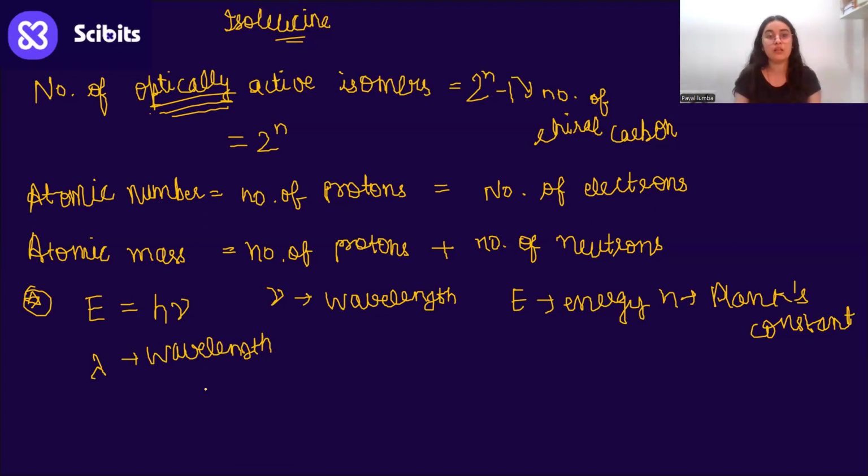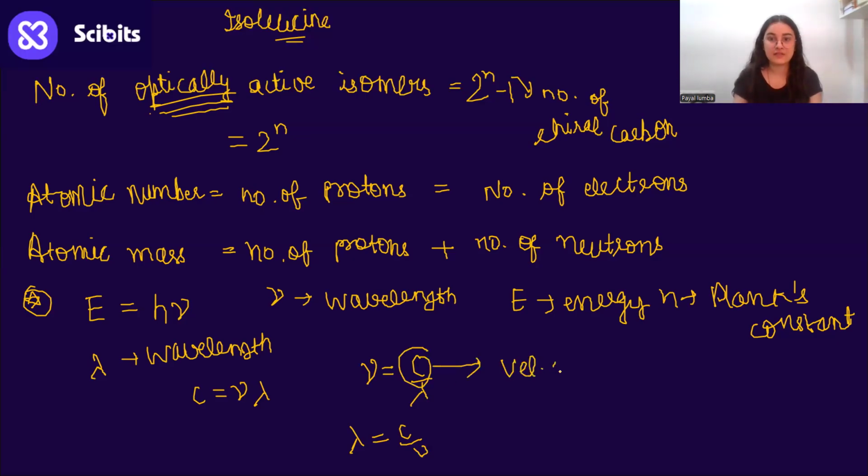There is a relationship between frequency and wavelength. C is equal to nu lambda, where nu is equal to C upon lambda, or you can say lambda is equal to C upon nu. This is C, the velocity of light in vacuum, and its value is 3 into 10 to the power 8 meter per second.